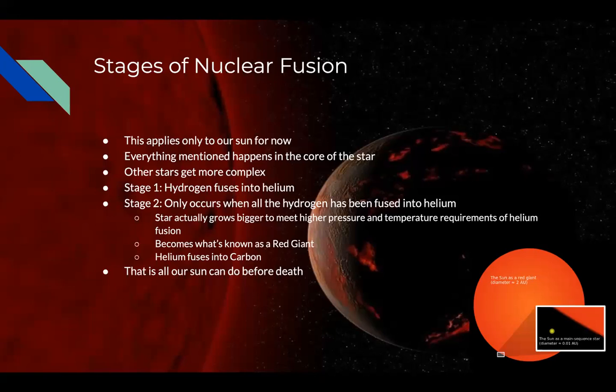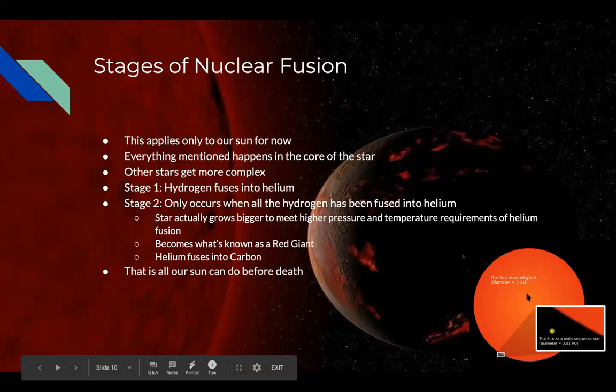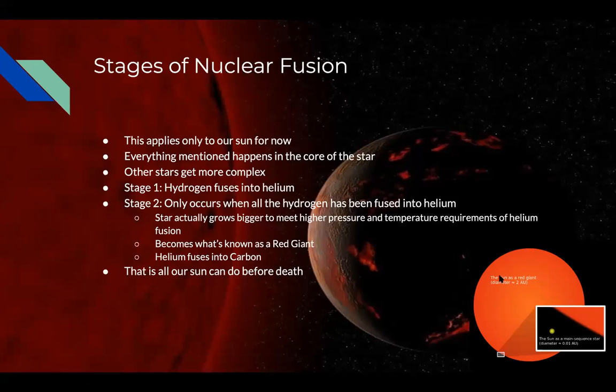Okay, so 1 AU is the distance between Earth and Sun. Now, currently the Sun has a diameter of 0.01 AU. Still big, but once it starts fusing helium into carbon, it becomes what's known as a red giant, which you can see here. It swells in size to 2 AU. Its diameter is double the length of the distance between Earth and Sun.